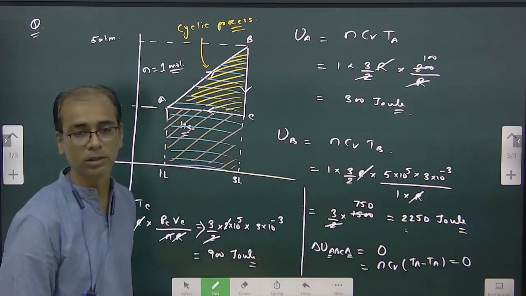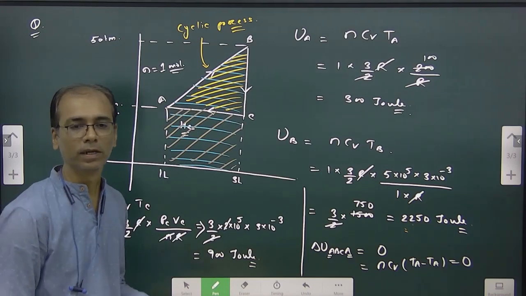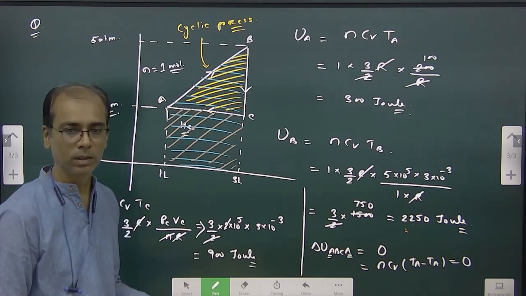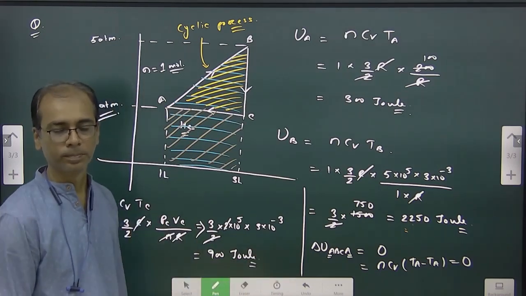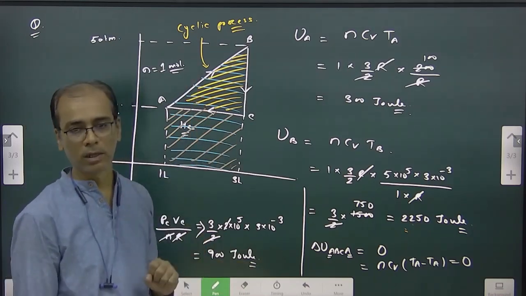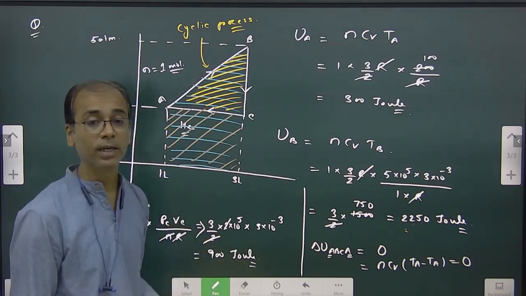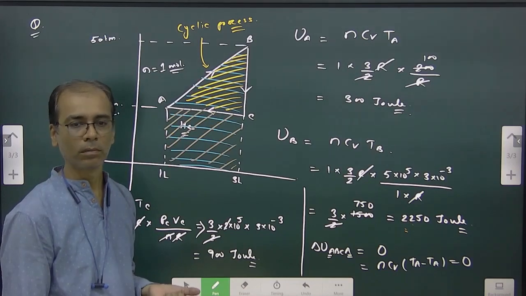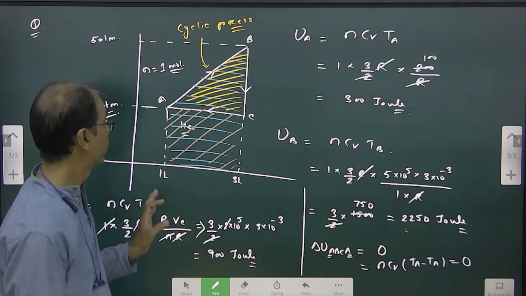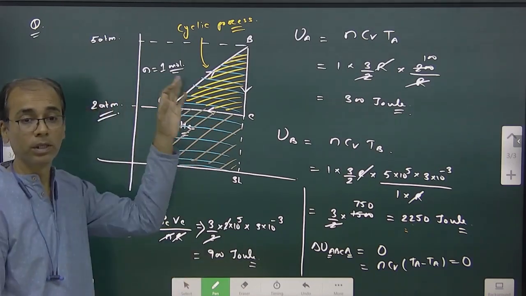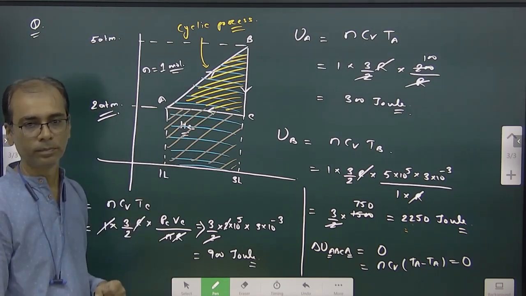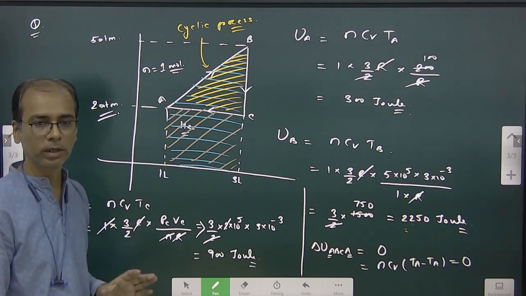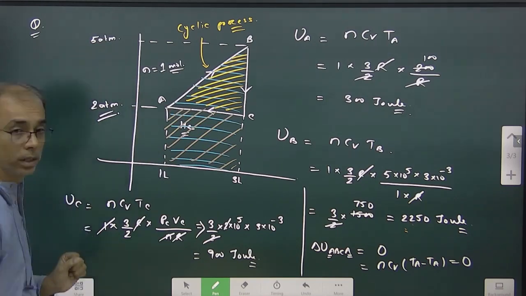Change in internal energy, nCv T final minus T initial. Correct? So it will become 0. So this is how change in internal energy we can find with the help of the ideal gas equation. Okay? And we can also find the work done with the help of graph. Correct? Clear this one? Okay. Shall we go ahead? Okay.